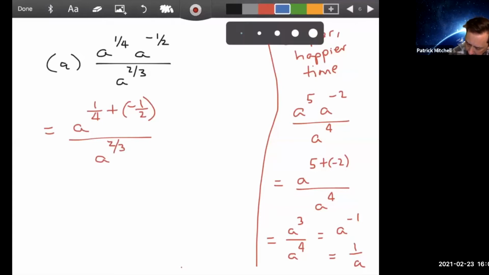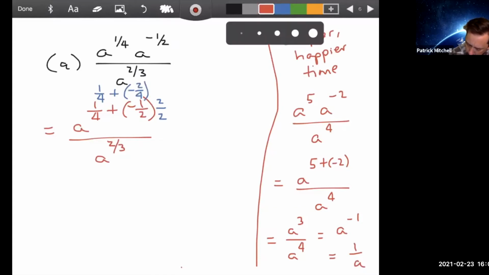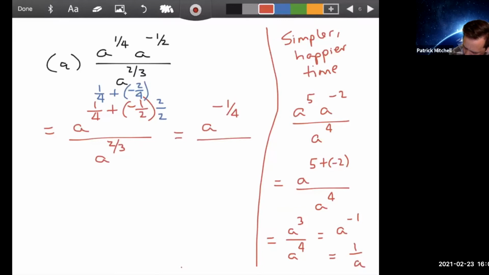You're going to think of that negative 1/2 as negative 2 over 4. So 1/4 plus negative 2 over 4, that's going to be negative 1/4. So we're going to have a to the negative 1/4 divided by a to the 2/3. Okay.